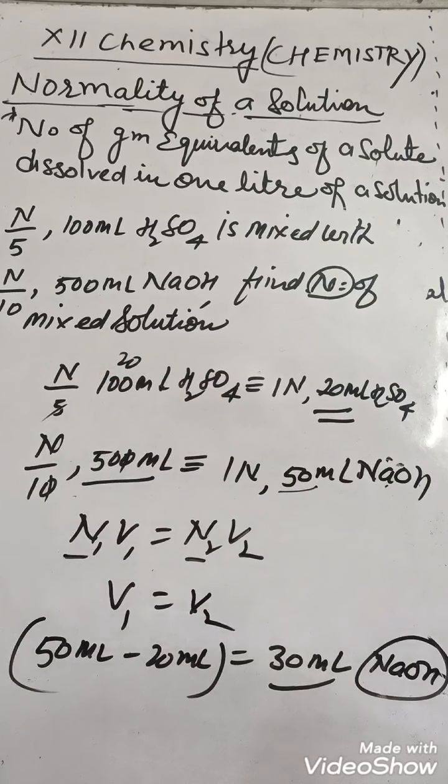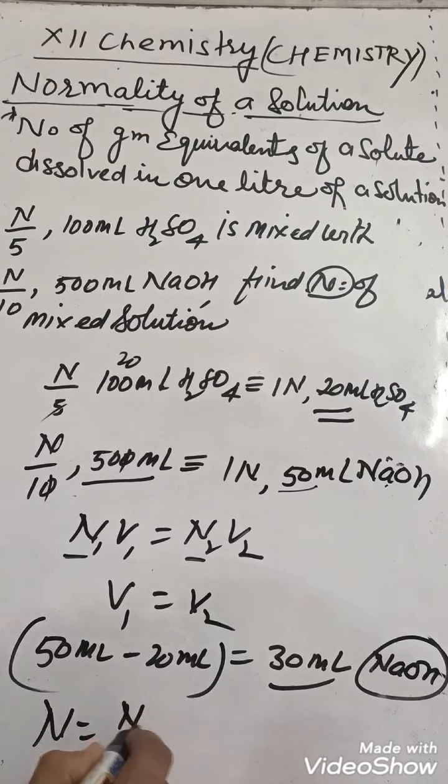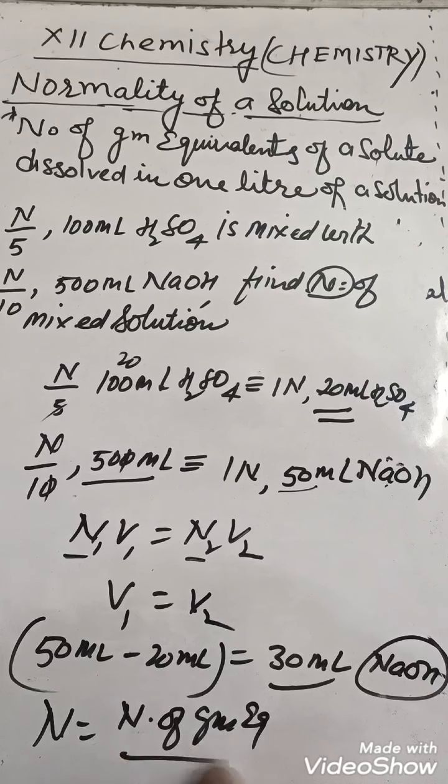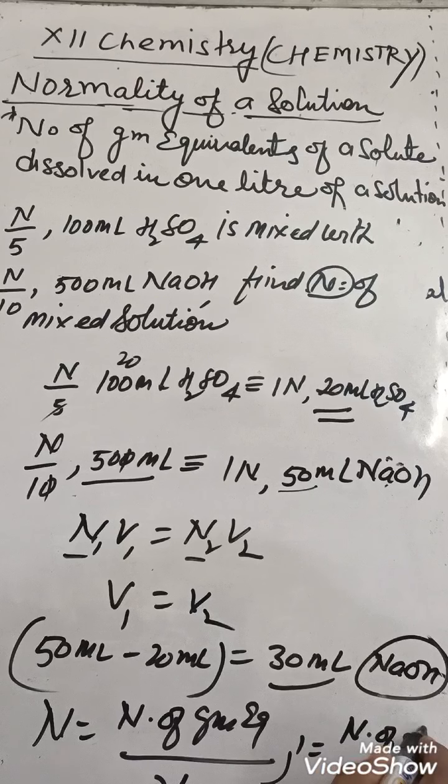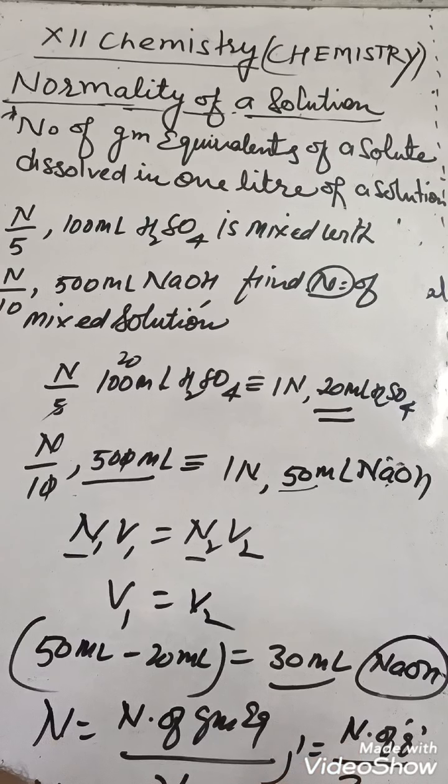Normality is equal to number of gram equivalent divided by volume in liter.